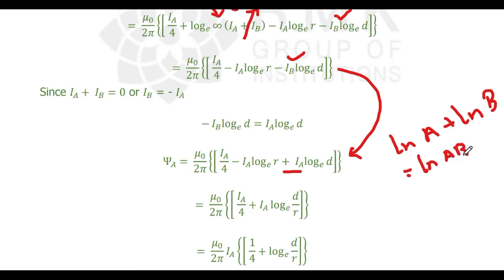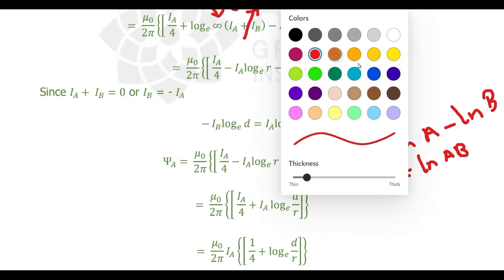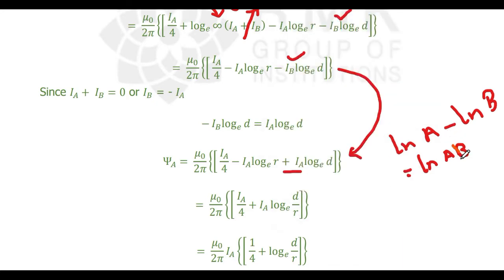Suppose instead of plus you get minus, ln A minus ln B, then we can write it as divided by, so ln A by B. I'll do it again so that you will understand.